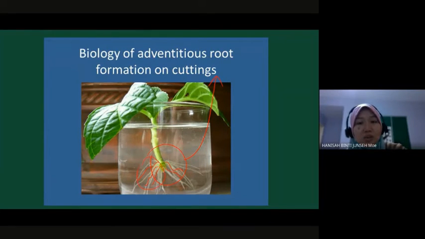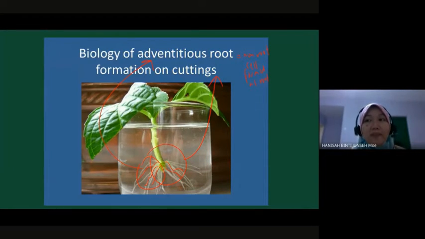This root, what we call adventitious root. Adventitious root is a non-root cell formed as root. Okay, it's not actually... the stem is itself.